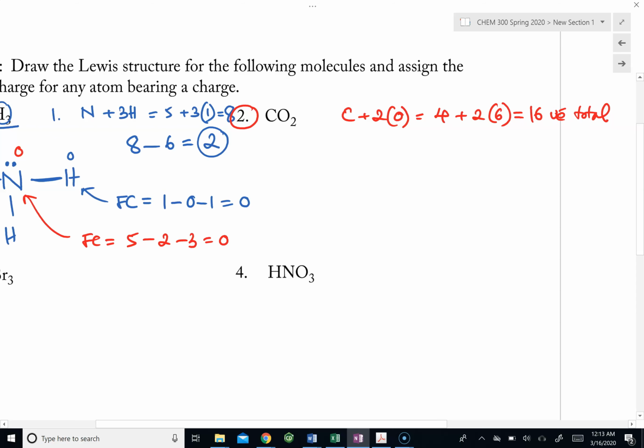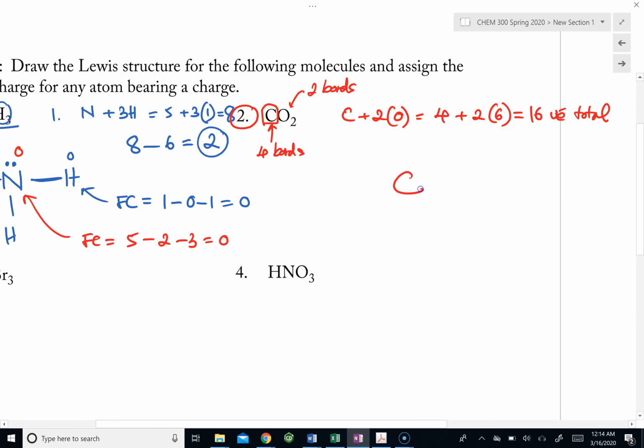So second step, determine the central and terminal atom. In this case, the carbon can make 4 bonds and oxygen can make 2 bonds. So it should be clear that oxygen is our terminal atom and carbon is our central atom. And it also makes sense, because we have the least amount of carbon, so carbon is our central atom.